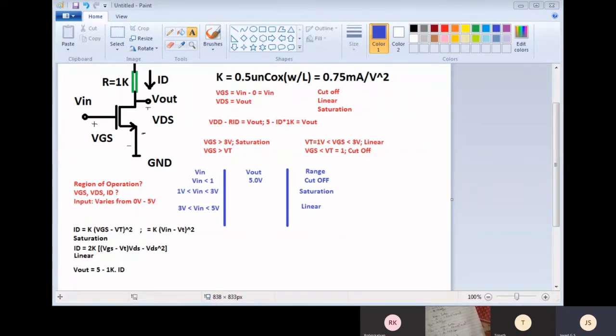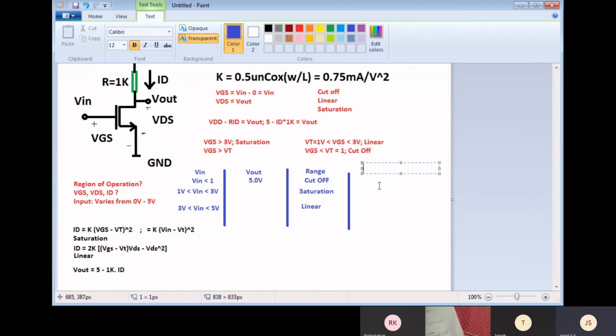Can at least somebody tell me what current value you are seeing, so that let me put another column. Yeah, so in the cutoff region there is no current flowing, so ID is 0. Ideally no current should flow.